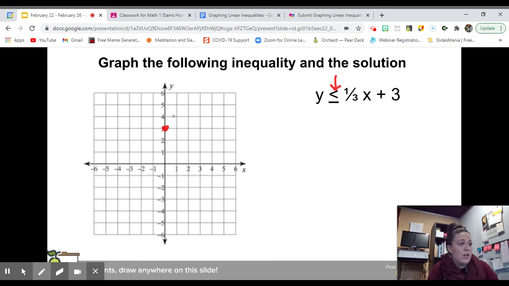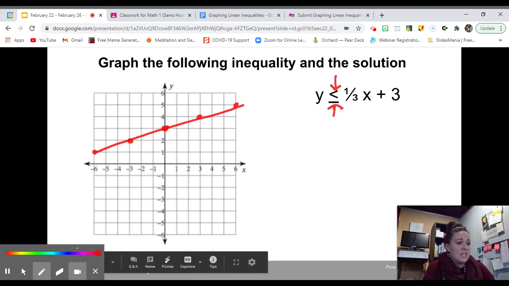I'm going to go up 1 over 3, 1, 2, 3, up 1 over 1, 2, 3. You can also go in the opposite direction, down 1 over 1, 2, 3, as long as you are keeping your slope positive. Okay, connect those with a line. And remember, it could be a solid line because it said or equal to.